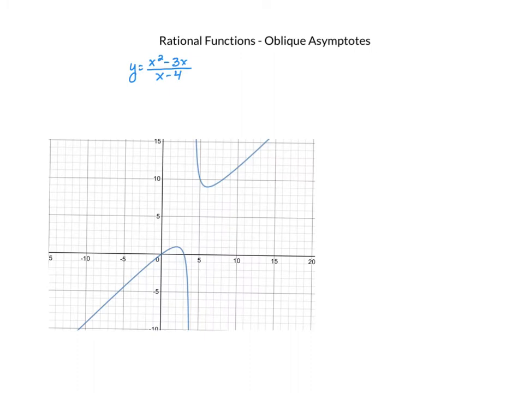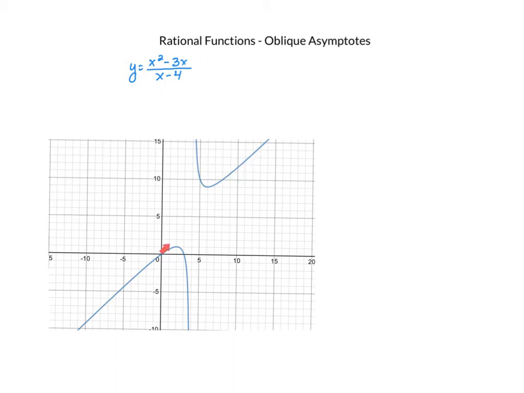You'll notice right here first that there is a vertical asymptote right here. I hope you know how to find it. It would be at x equals 4. I haven't drawn it in. But there is another asymptote that I really want to focus on. It's this line right here. Do you see how the graph seems to be approaching this line right here?